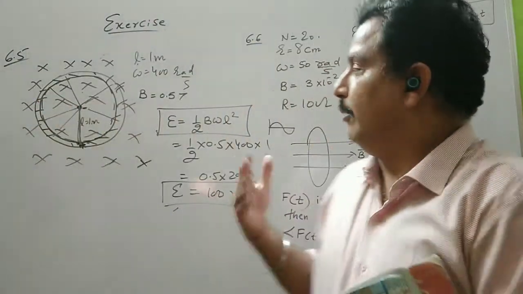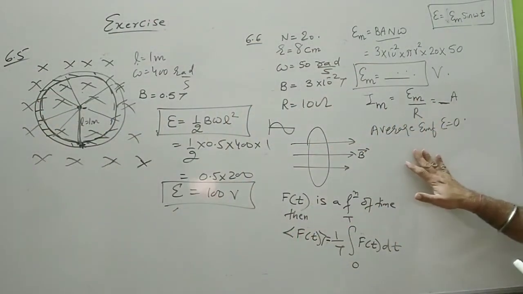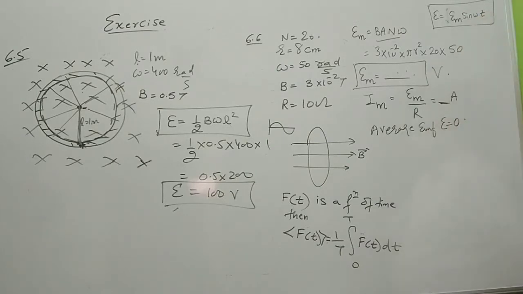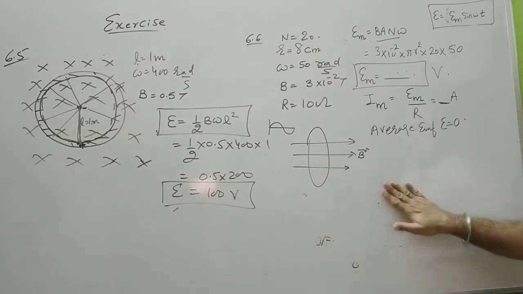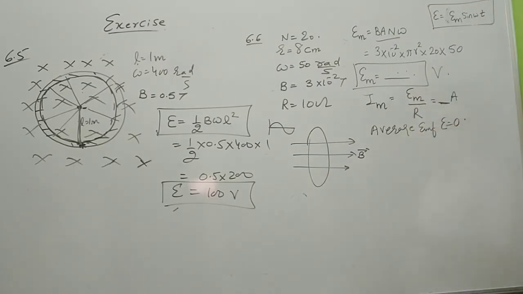Otherwise, in the coming lecture, we will prove that the average of sine and cosine function is 0 for one complete cycle. So for the time being, we directly write the average here.